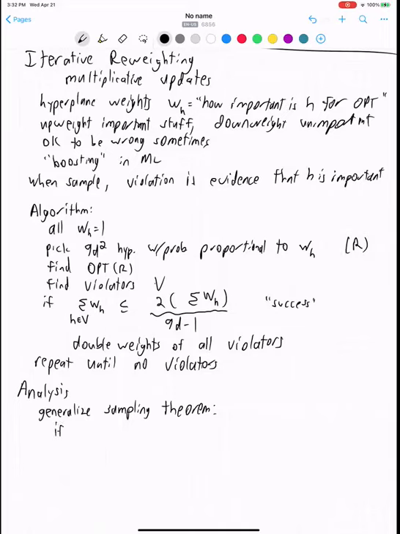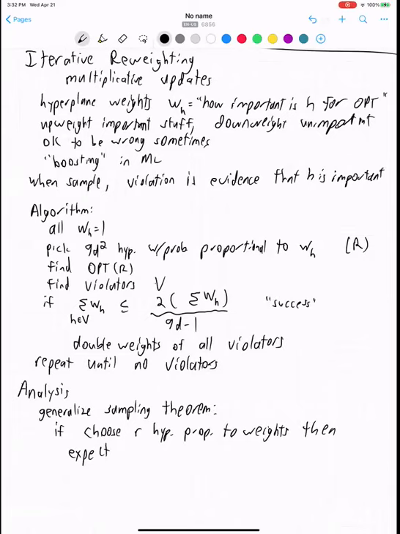If I choose R hyperplanes proportional to weights, then the expected violating weight is at most D over R times the total weight.